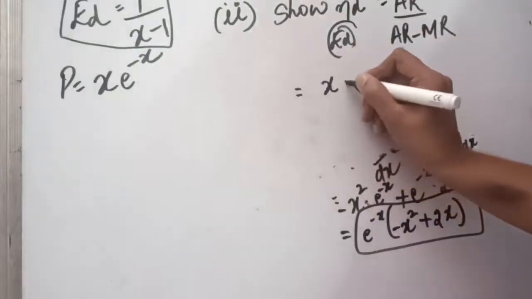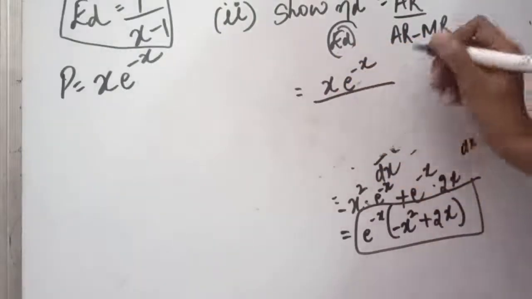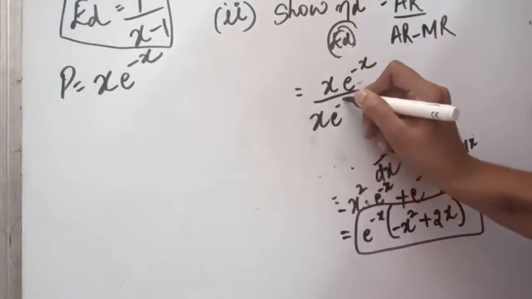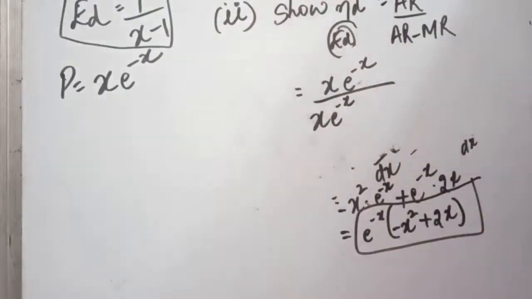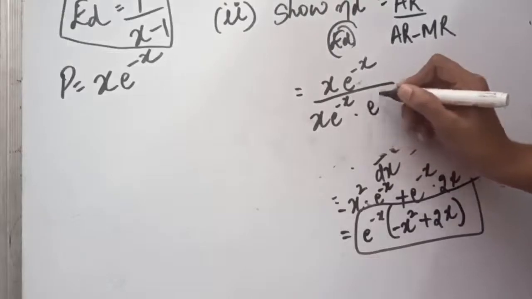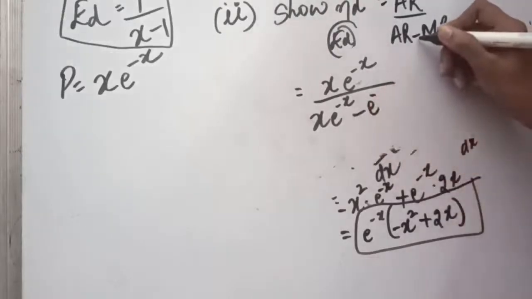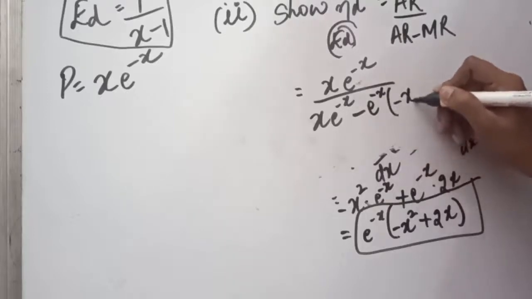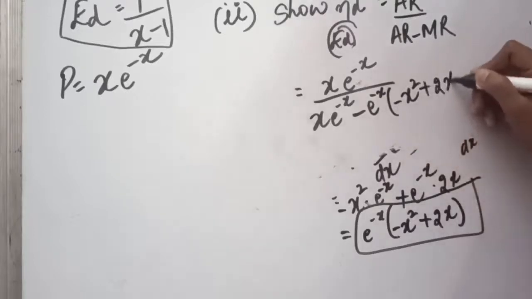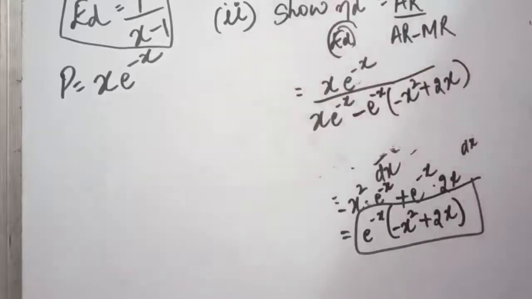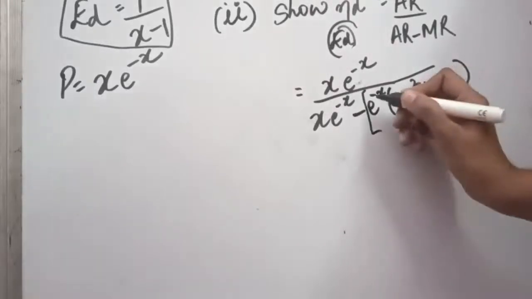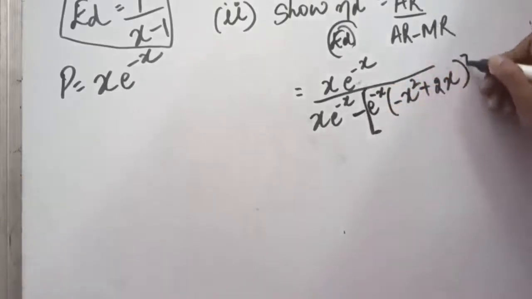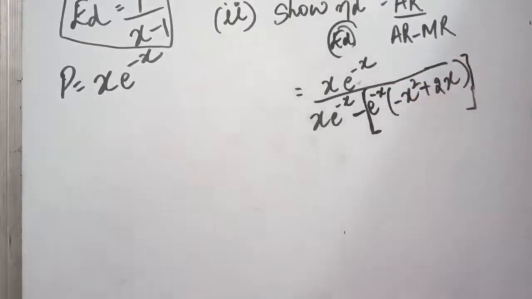AR is x e raised to power minus x, divided by again AR, x e raised to power minus x, minus, because in the equation it is minus, e raised to power minus x in the bracket, minus x square plus 2x. So these are the values for which we have to find the solution. Here I am putting the bracket because minus is for this entire bracket. Now let us solve this further.